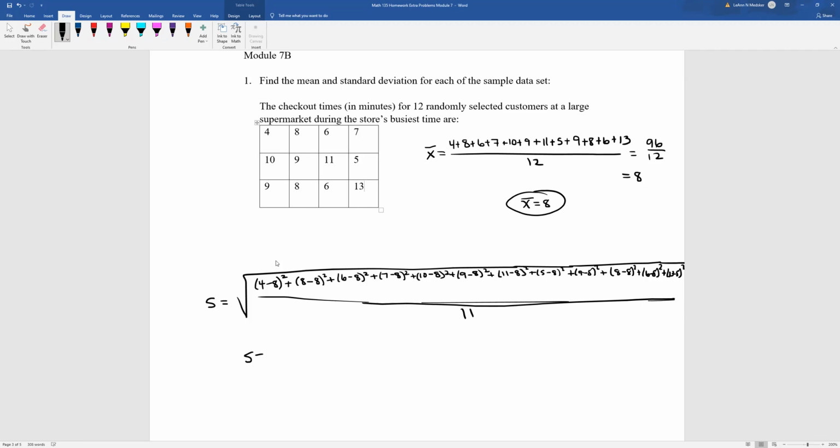Now, before you take a square root of it, it actually has a name. It's called the variance too. So we use that a lot in statistics. So I'm going to write out more steps than you probably would, just because I'm not using my calculator to do this until the very end.